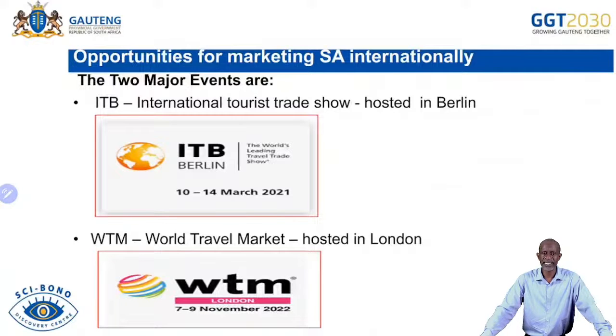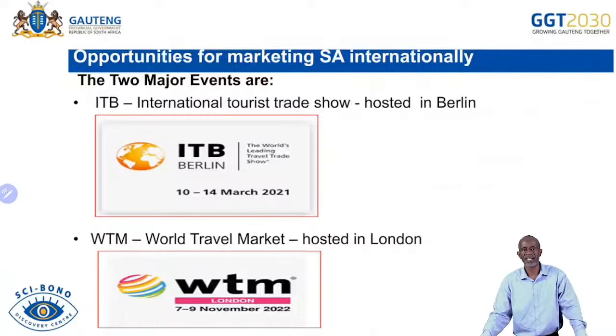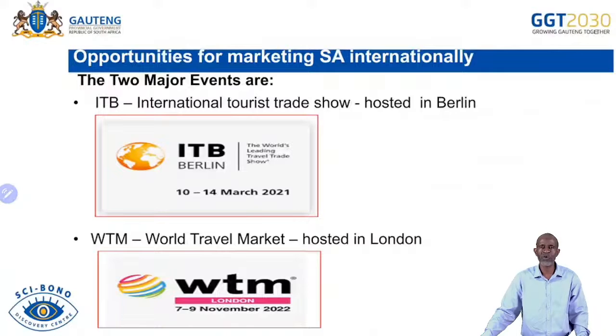Berlin, the city in Germany, is where the ITB platform is located, and it allows South African Tourism to market or to expose their tourism products for the whole world to see.